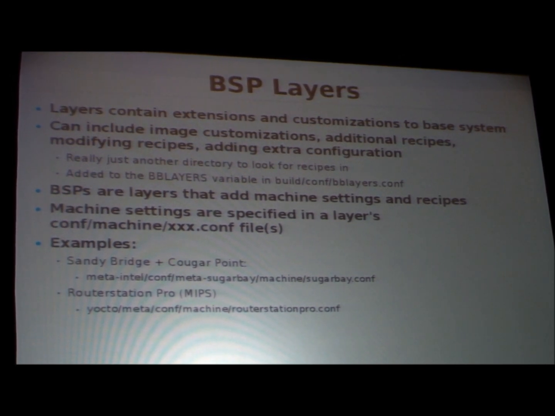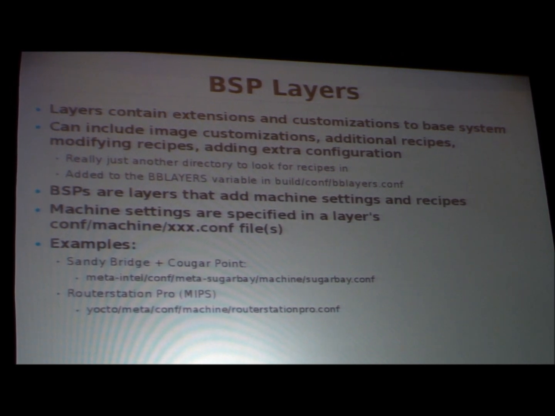So that information can be the machine settings, and that way when a vendor provides a new BSP, it comes in a format that can easily be added to your configuration, and you change a couple of files, tell it you want to compile a machine from the vendor, and away it goes.